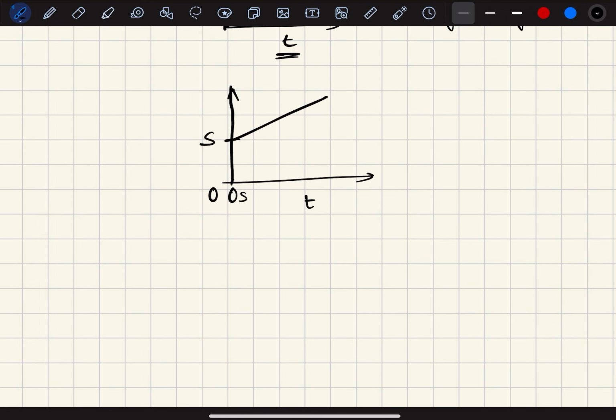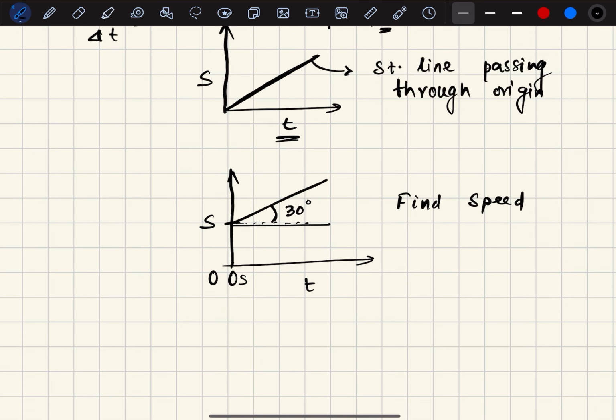See, suppose in the same diagram I have given the angle with the horizontal as 30 degree. Now find the speed. So if we go into this formula, then we know s is equal to v into t.